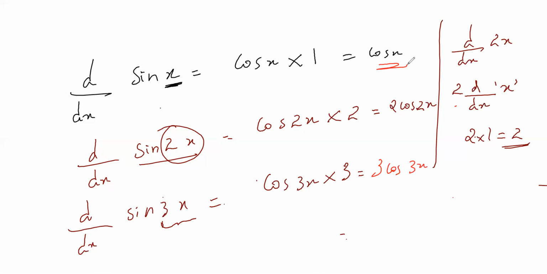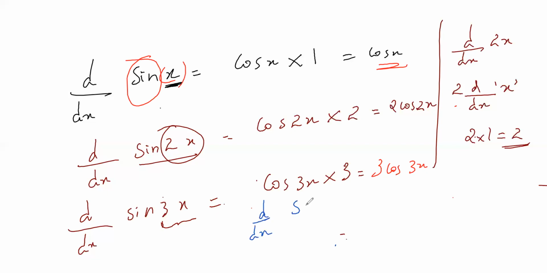Clear? So first differentiate the outer term, then the angle, then the inner term. If you want, I'll do one more question and make you correct in this. We'll just play with differentiation, okay?